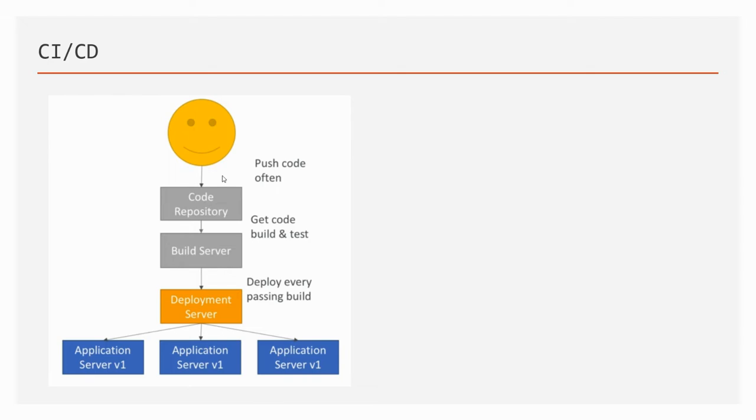Then the artifact created by the build server will be deployed to our production server. These things happen automatically without any human intervention. That is the beauty of CI/CD.